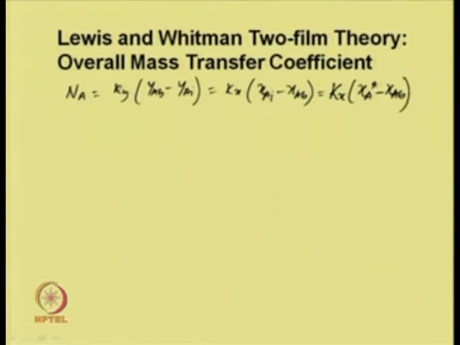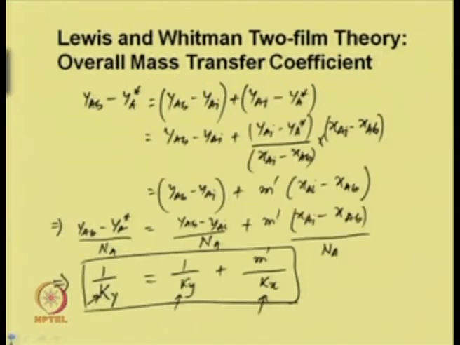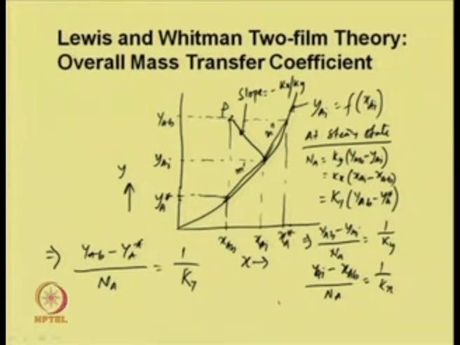From this we can write (x_A star minus x_Ab) divided by N_A is equal to 1 by capital K_x. From the geometry of the figure, we can write x_A star minus x_Ab. This is the overall driving force for mass transfer.